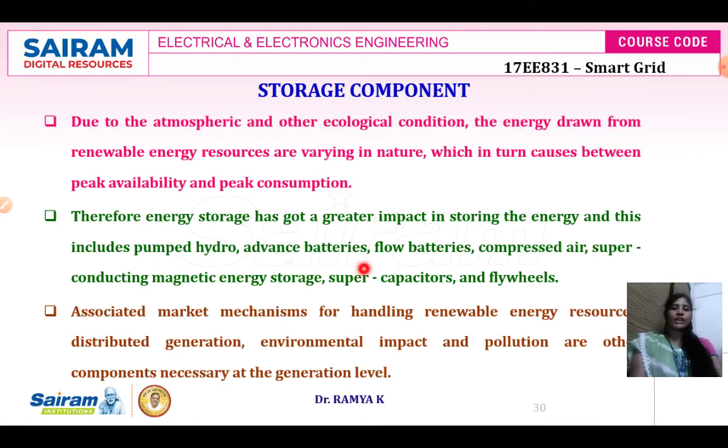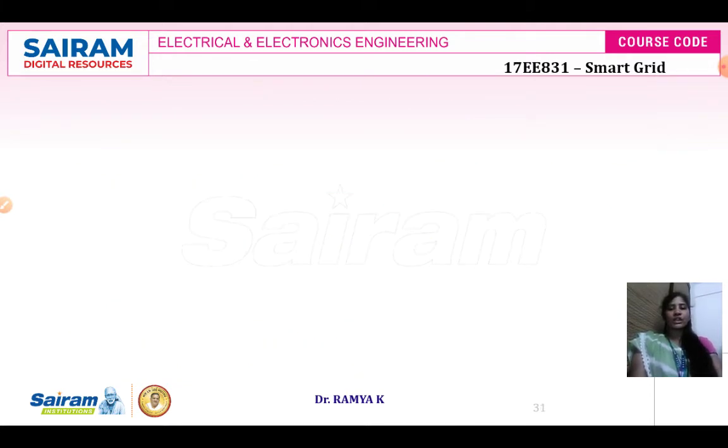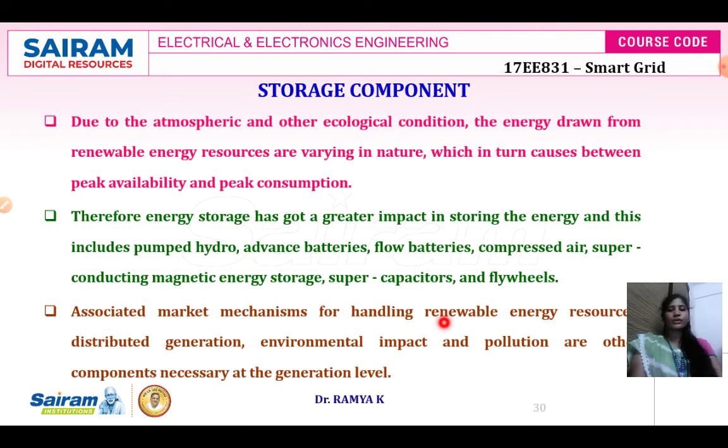So we go for an energy storage element, which will have a greater impact in storing your energy. Some of the energy storage elements are pumped hydro, advanced batteries, flow batteries, compressed air, superconducting material, supercapacitors and flywheels. And you cannot use them just like that. There will be an associated market mechanism for handling these renewable energy resources, distributed generation, environmental impact and pollution, and other components necessary at the generation level.